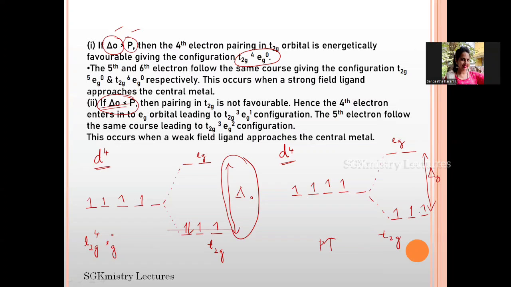Instead of undergoing pairing, it will go to the higher energy level like this, because pairing energy is higher here. Okay, so now what happens? The configuration in this case will be t2g3 and eg1. Okay, so this is what happens when pairing energy is higher than the delta O.